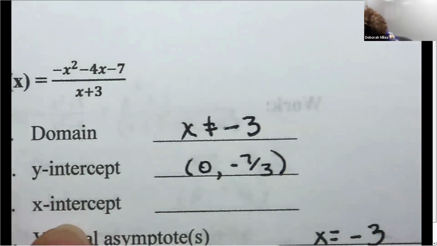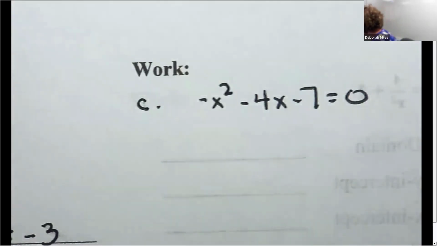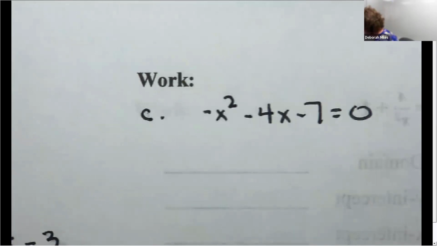So the top part, you'd say -x² minus 4x minus 7 equals 0. How could you solve that? Is it going to factor? No, there aren't going to be any factors of 7 that have a sum or a difference of 4, so it's not going to factor.